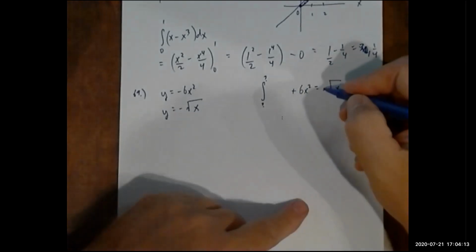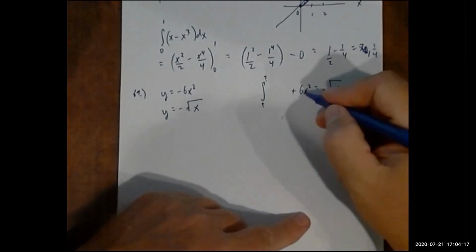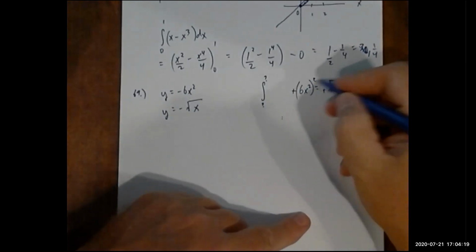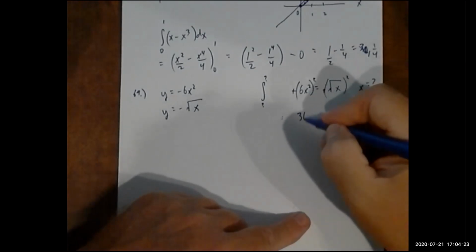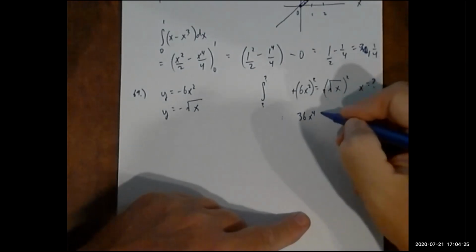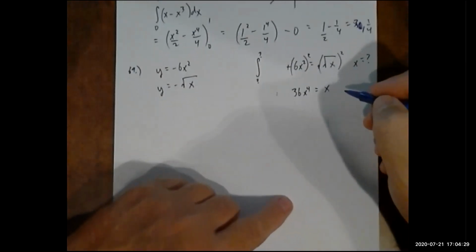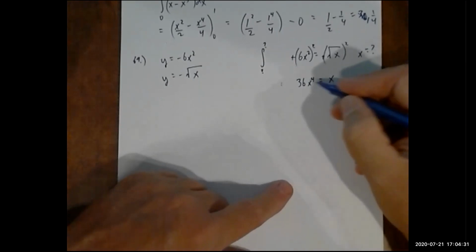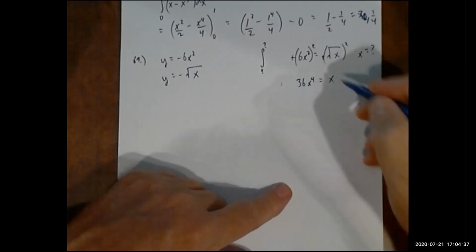So the negatives cancel out. I'm going to square both sides, right? Because when you square root, so this is 36 x to the 4th equals x. Now I'm not going to cancel here, because if you cancel here in the world of math, sometimes it causes you to lose your solutions.